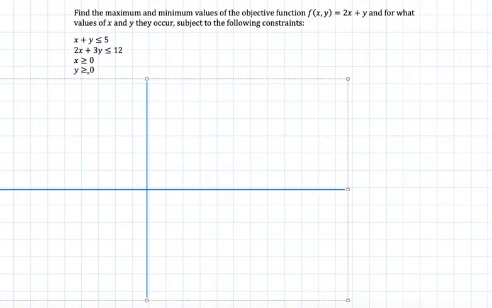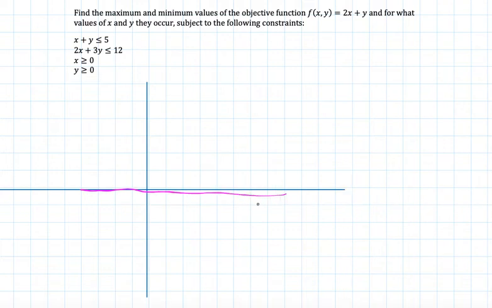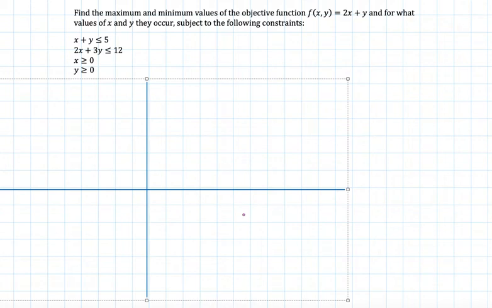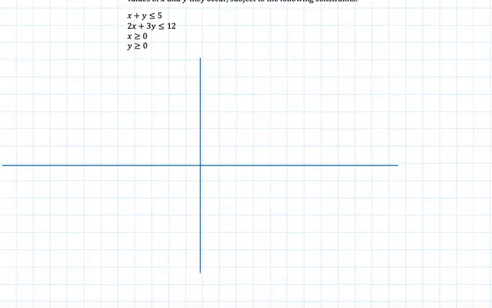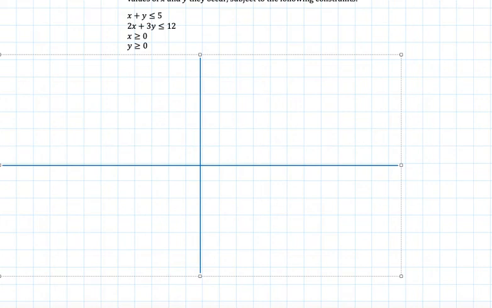I like to start with the x's and the y's first because those are just your axes, usually. So when y is greater than 0, it's going to be this line right here. I should probably use actual lines. Might be a little bit nicer.